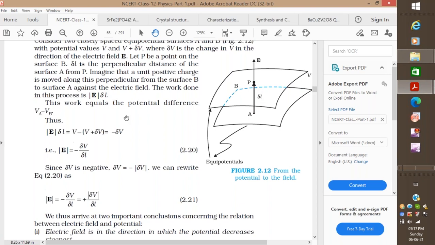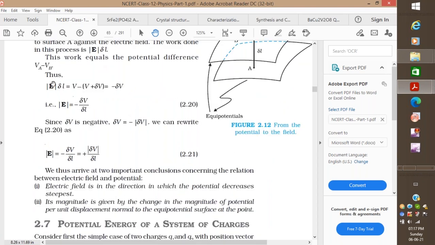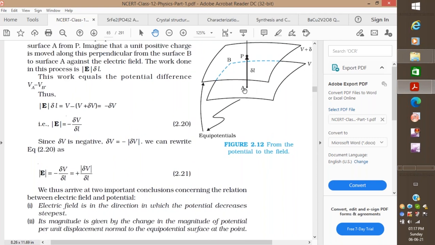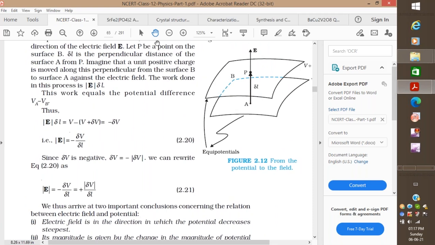Now, from the definition of potential, we know the work done will be Q into V. Here, what is the value of Q? I have taken a unit positive charge, so Q is 1. So I can write the potential difference between them as the work done.